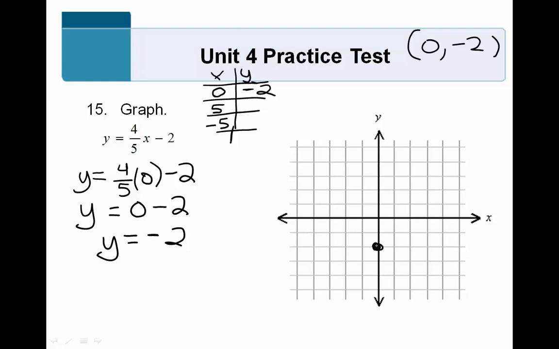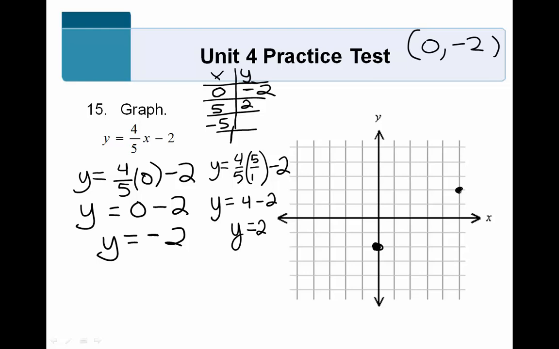I'll use 5 next. y equals 4/5 times 5/1 minus 2. All right, and that's going to equal four minus 2. Okay. So that's right 5, 1, 2, 3, 4, 5, and up 2.